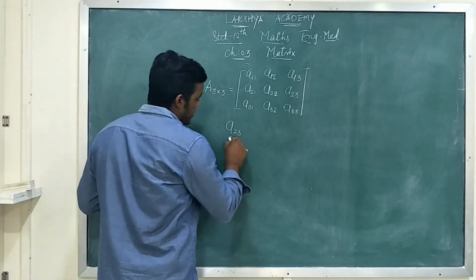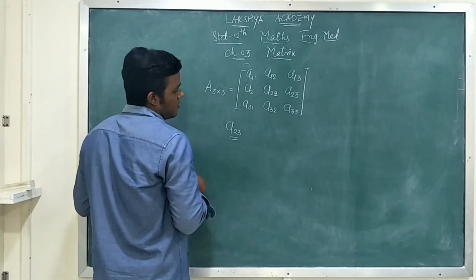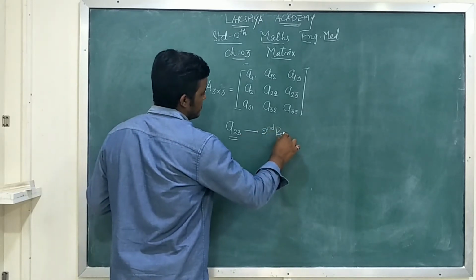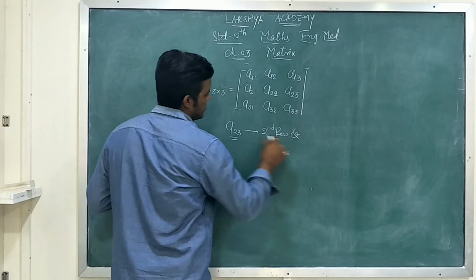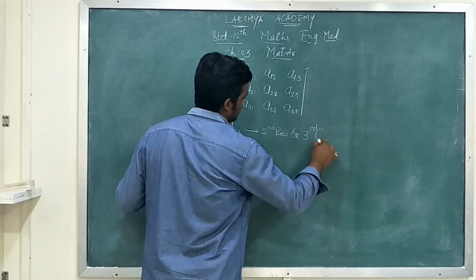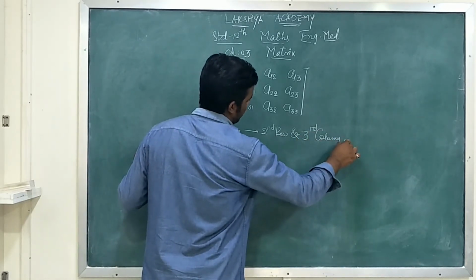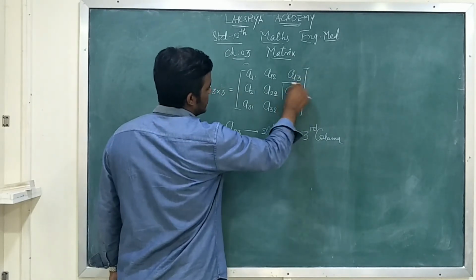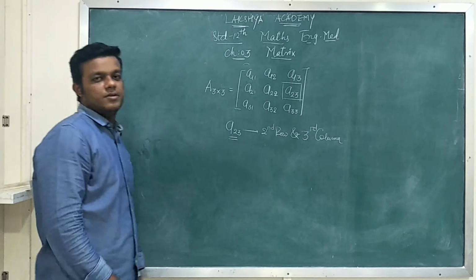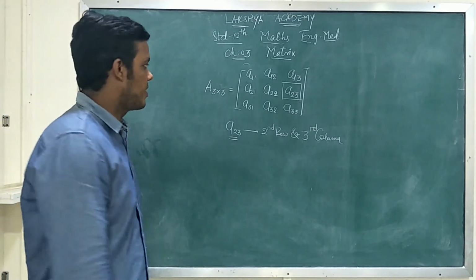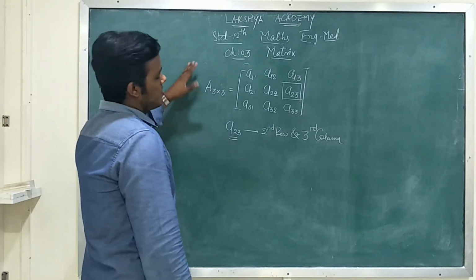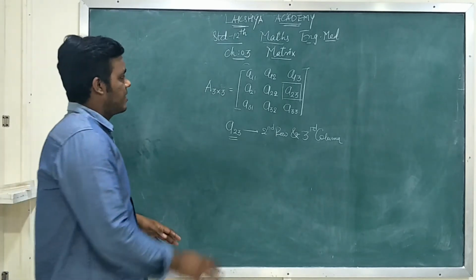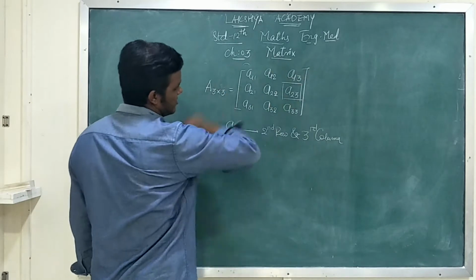You will get it that I want to say the member of the second row and third column. Second row, third column. This is the member which I am talking about, right? So that is the basic perception of a matrix, the size of the matrix, and then the members of the matrix.